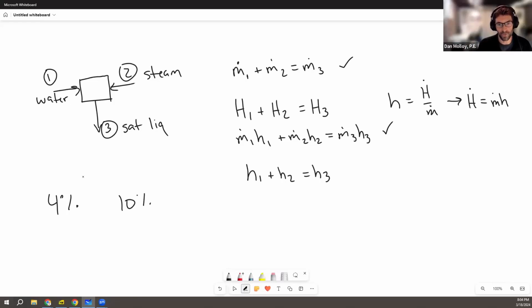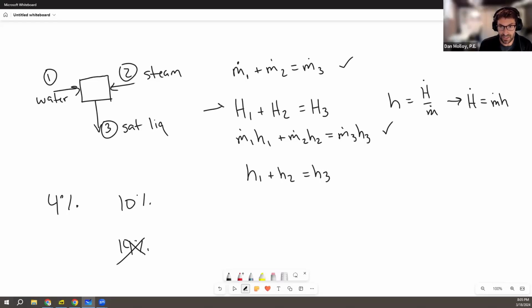Do I have 14% alcohol in that mixture? No, of course I don't. I have something that's between 4 and 10, and where exactly it lands, if they're equal volume, then maybe it's halfway in between, but it's not going to be additive. So that's why we can't add things with intrinsic properties, but we certainly can add things with extrinsic properties.